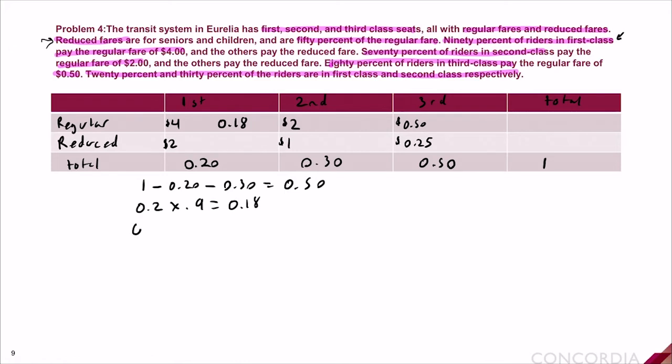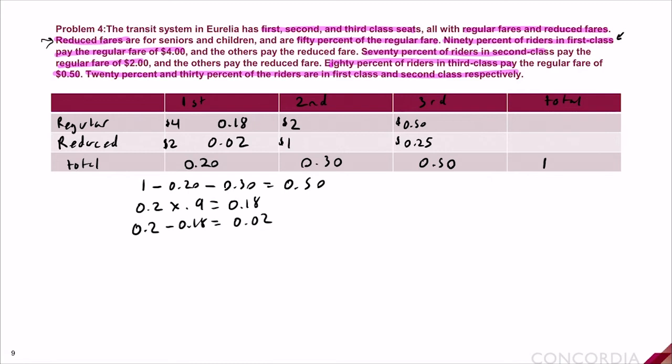By extension, if there are 20% of all the riders in first class and 18% of all the riders in first class pay regular fare, 0.02 must pay reduced fare.